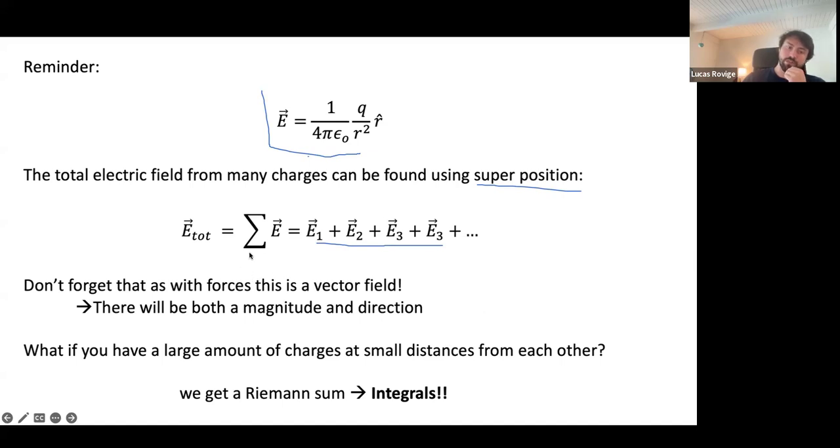So if you get a very large and continuous sum, then you start getting toward integrals. Instead of having a sum, if you're summing over a massive or infinite amount of small chunks of charge, then you're not doing sums anymore, you're doing integrals. And that's why this chapter and the rest of the electricity chapter are going to require some calculus, because to get the electric field, we'll have to do some integral calculation.